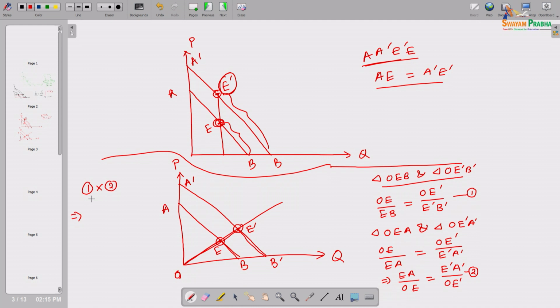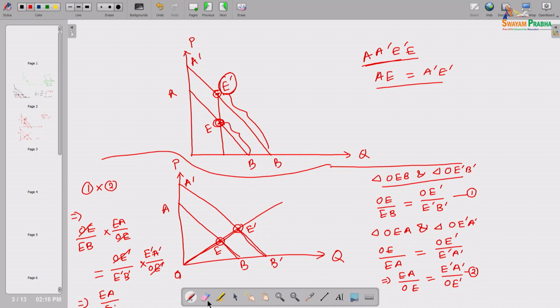Multiplying the left-hand sides, this will be OE by EB into EA by OE, equal to OE' by E'B' into E'A' by OE'. So OE and OE' will cancel out, and you will get EA by EB.